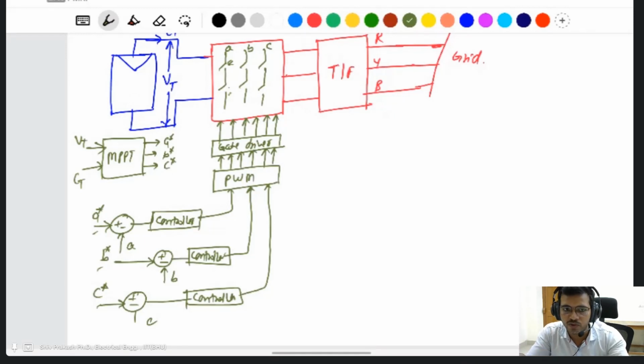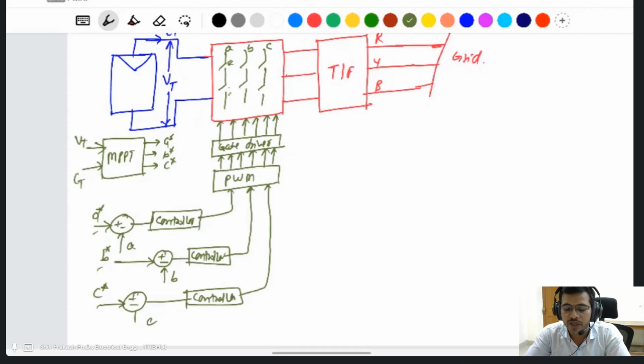When you connect an inverter or any converter to a fixed voltage supply, like in a DC converter when charging the battery, the battery voltage will be constant, and you can't increase or decrease the output voltage of the DC converter.